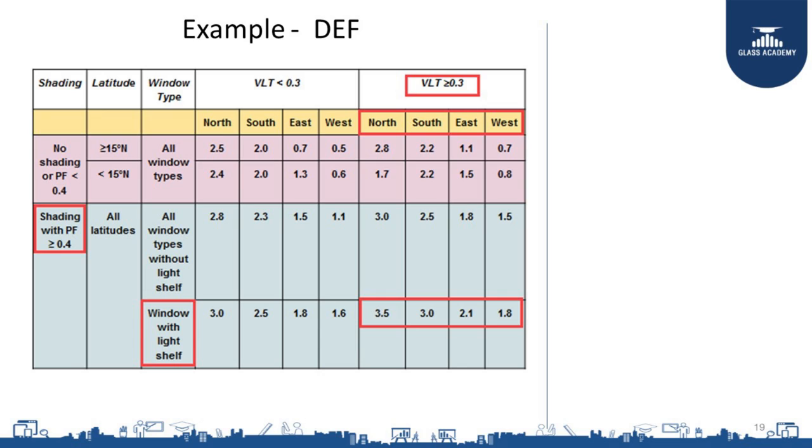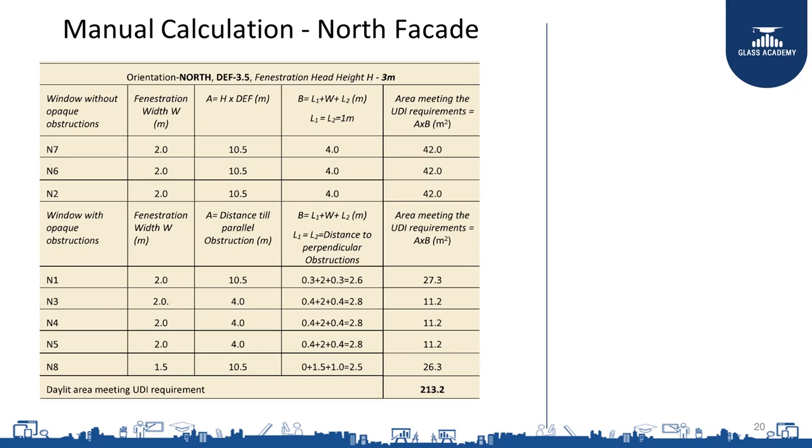There is a light shelf, so we take the row which has light shelf related values. Then we get the DEF of 3.5 for north, 3.0 for south, 2.1 for east and 1.8 for the west facing windows. Once we get these values, then we can do this calculation.